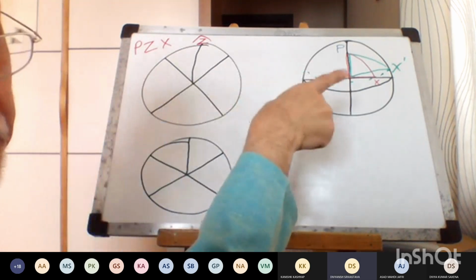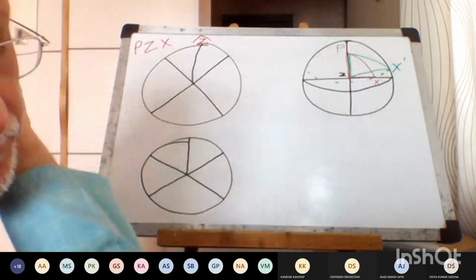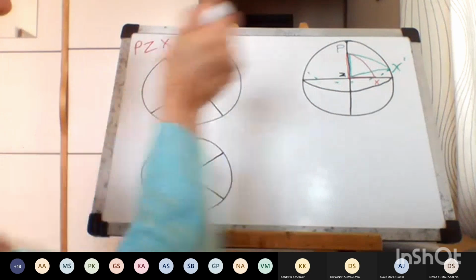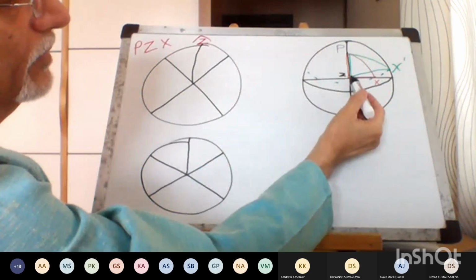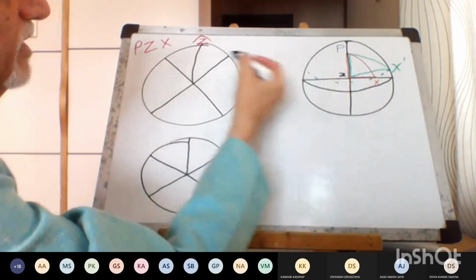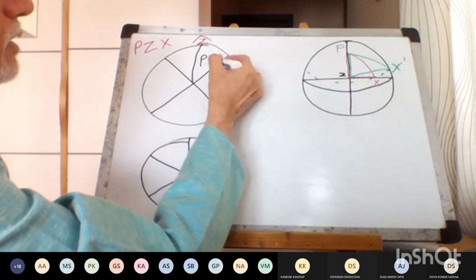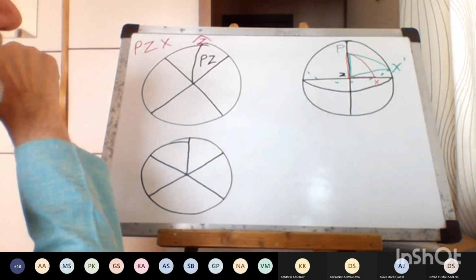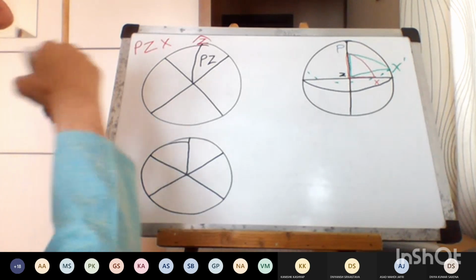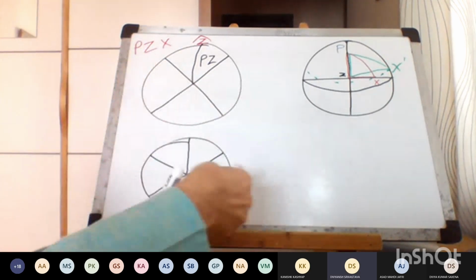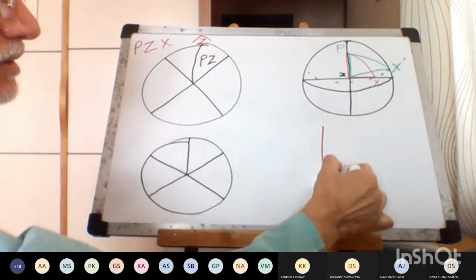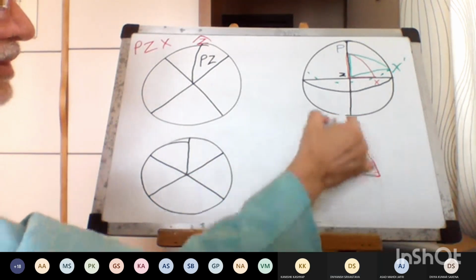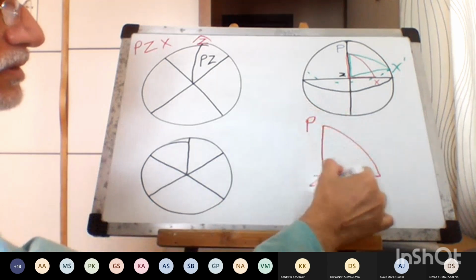No, give me the sides the way it's written, PZX. If I'm going clockwise, after the angle Z there is a side PZ. After PZ, angle P. Angle ZPX, I will draw it like this so that it's clear to you.